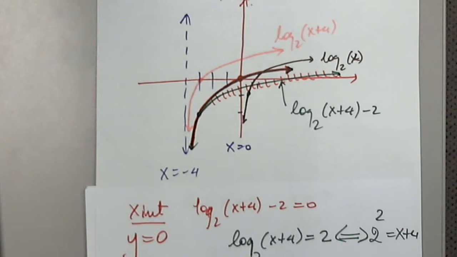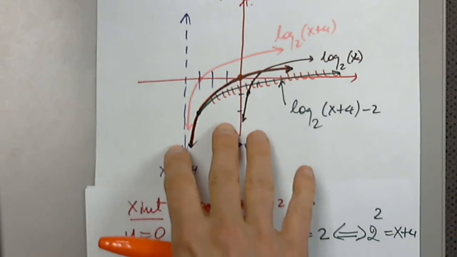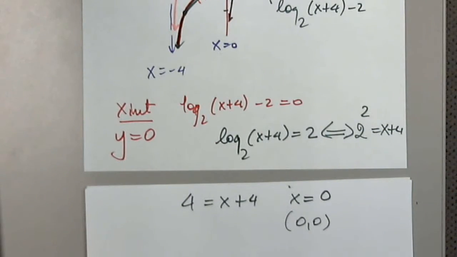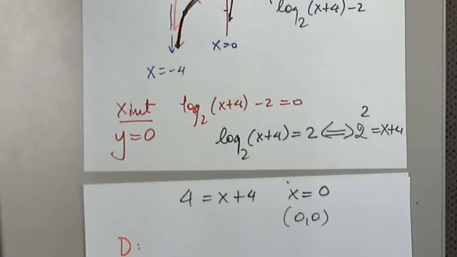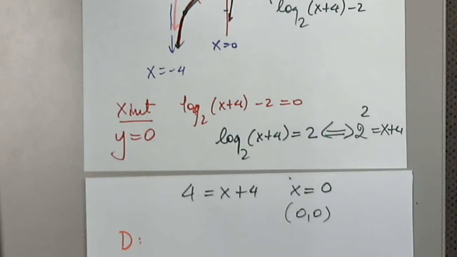Is this okay? Yeah, and the problem also says to identify the domain. Oh, yeah. Very good. Thank you. So let's find the domain of this function. So x plus 4 must be greater than 0. So x is greater than -4.